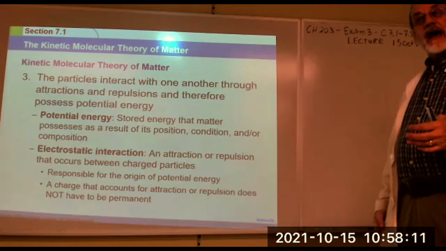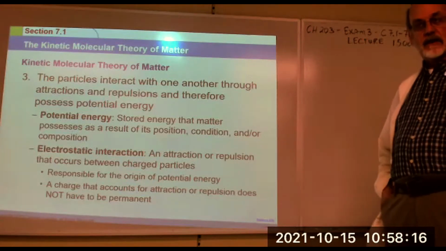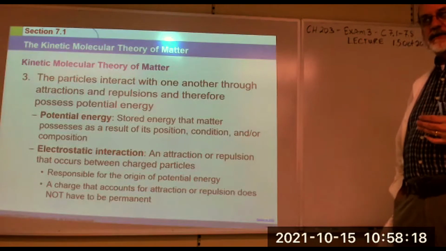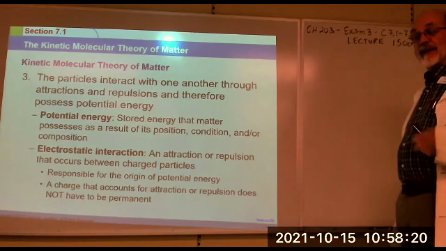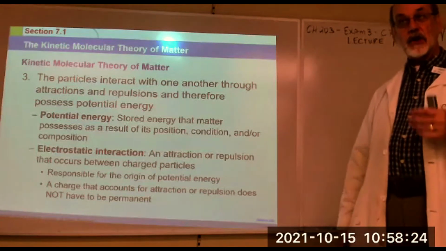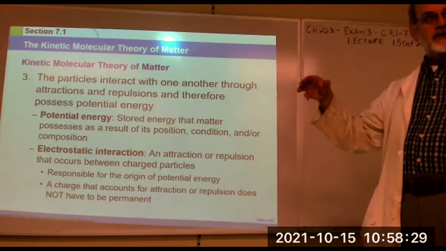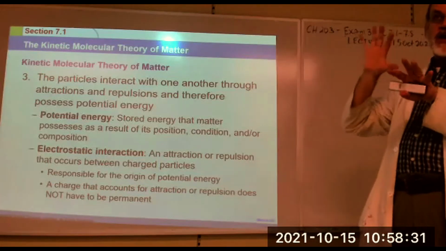But as they slow down, there's more time to interact, and you do see interaction between molecules in a substance. And it depends upon whether or not they have a polar character, largely. Sometimes, if they're very large molecules, it depends on their geometry and their shape.